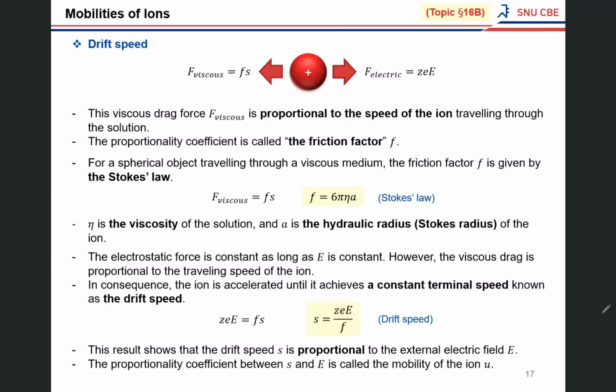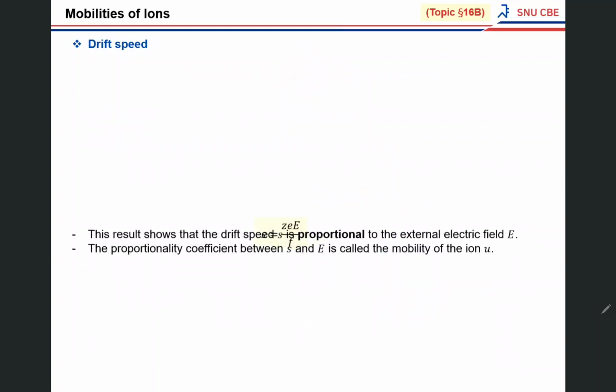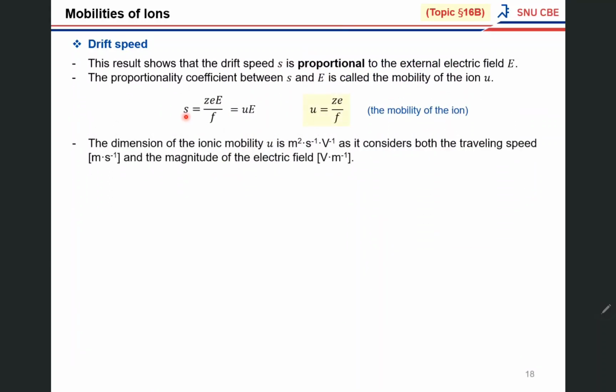So there is a direct proportionality between the drift speed and the size of the external electric field.